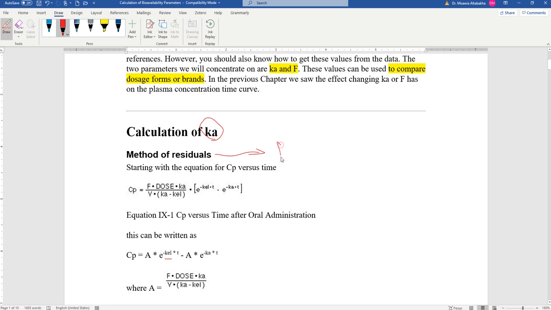It is also called the feathering method. Feathering comes from the feather, what you find on birds that helps them fly. So it is called the method of residuals or feathering method. Now why do we use this method? In order to calculate Ka.